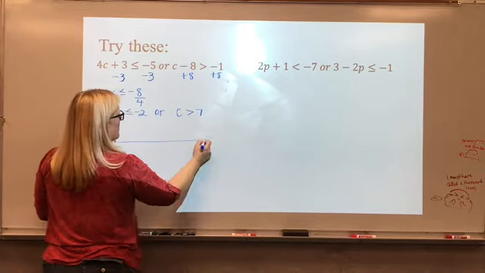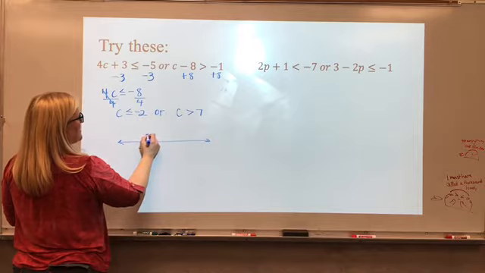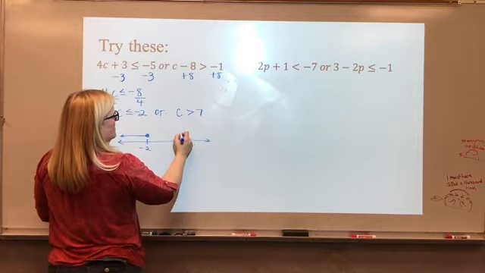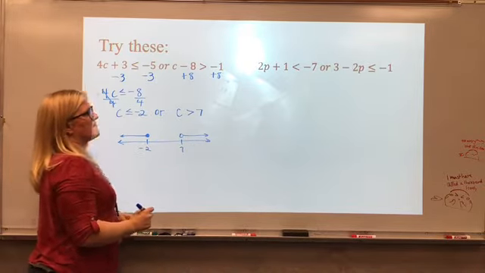So if I graph this one, I have negative 2, so c is less than or equal to negative 2, and I have 7, which is an open circle and points to the right.